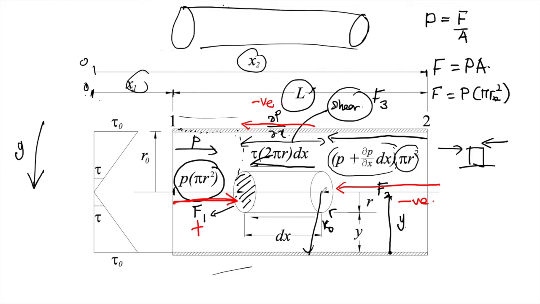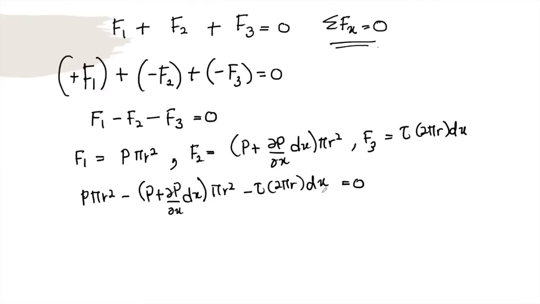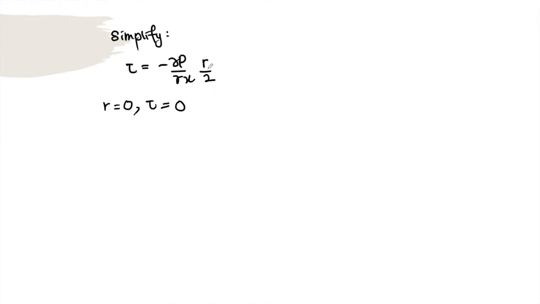Therefore, the center of the pipe will be R equal to 0. So if we substitute the R value into this equation, we get that the shear stress is 0 at the center of the pipe. Whereas if we substitute R equal to R naught, we will get that tau is at its maximum value.